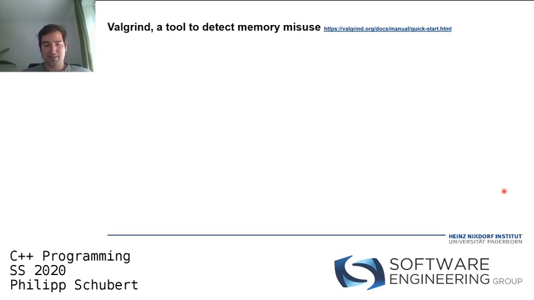So, and now a question: how can we detect such memory issues? The memory issues, for instance, double delete, or you have a leak which you don't free, or you forgot to free. Such memory issues are really hard to find in your program.